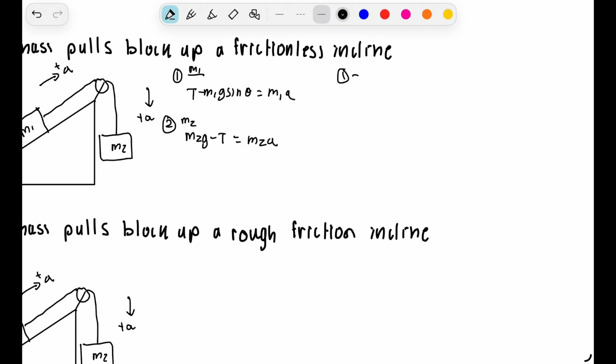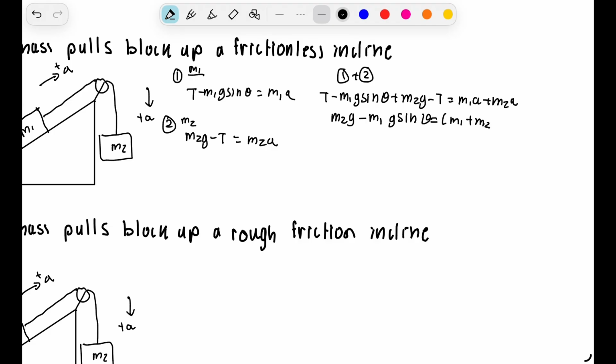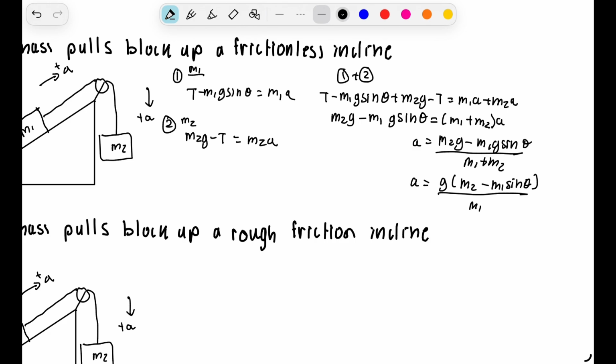Now let's add 1 and 2. So we get this. You could also just factor out g, and you get this.